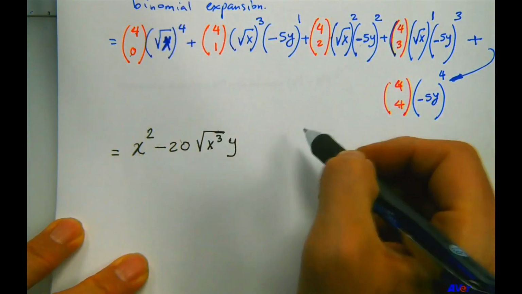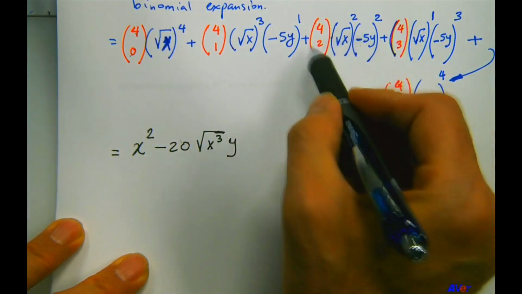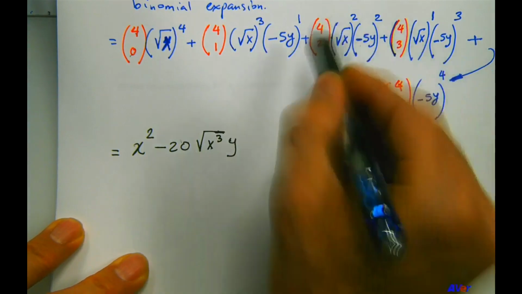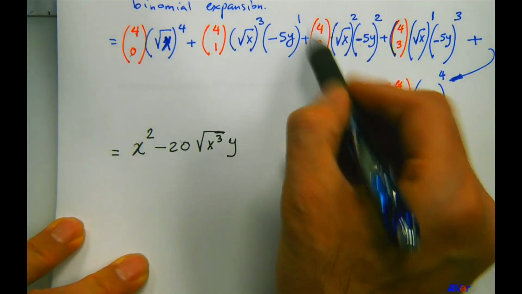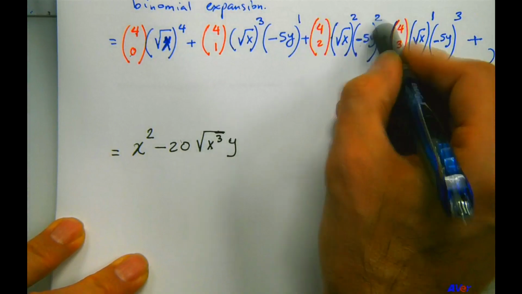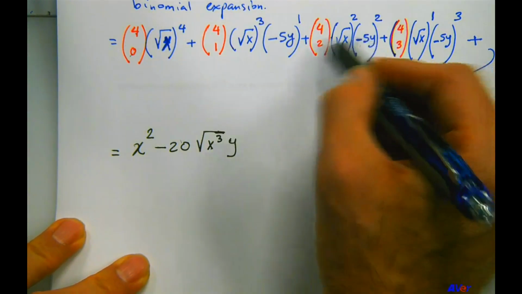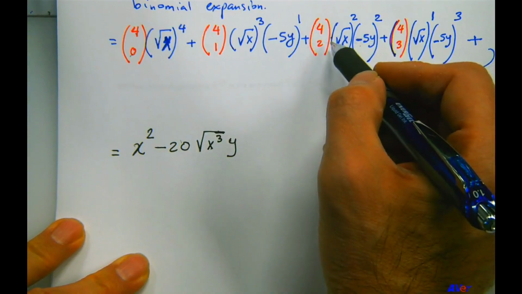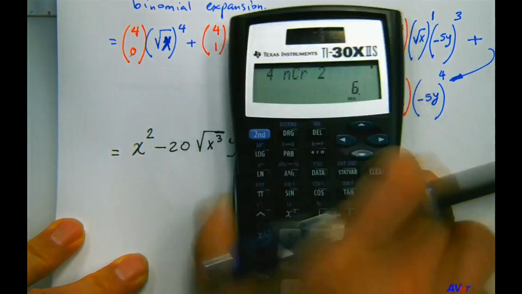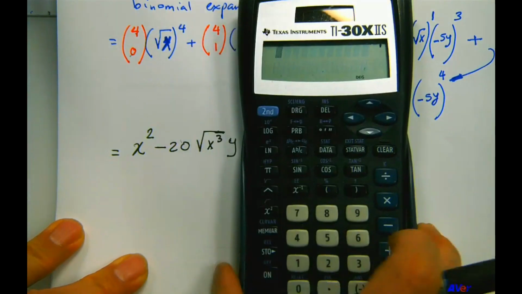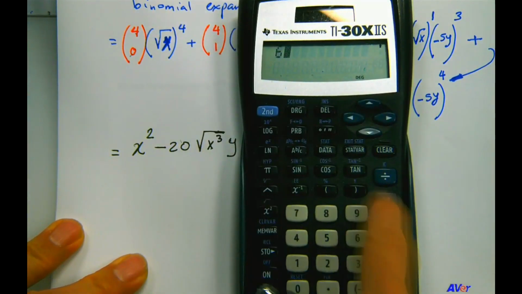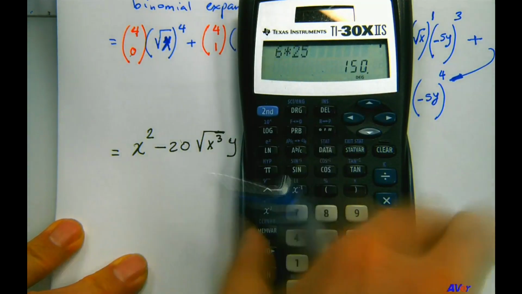You can also use the formula that we talked about to calculate it. So we have 6 coming from here, times minus 5 squared, which is positive 25. Positive 25 times 6 should be 150. Let's just be sure. So 6 times positive 25, 150.